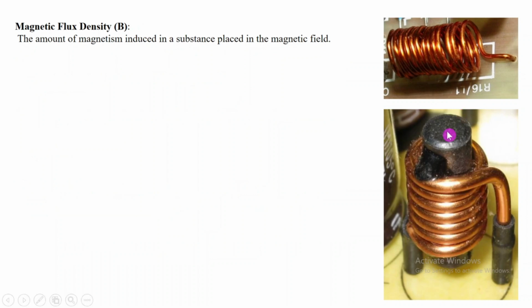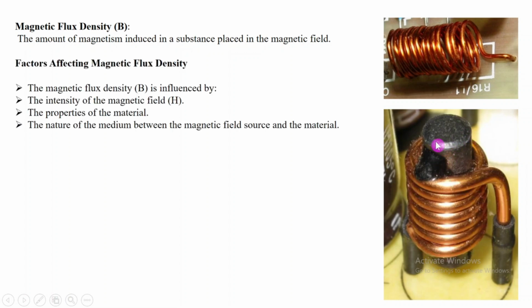Now, what is magnetic flux density? Magnetic flux density is the magnetism induced inside this soft magnetic material due to the external magnetic field. So the magnetic field inside this soft iron is called the magnetic flux density.